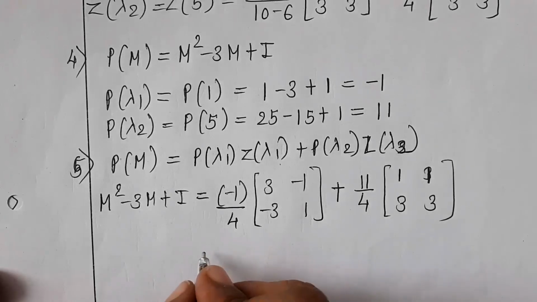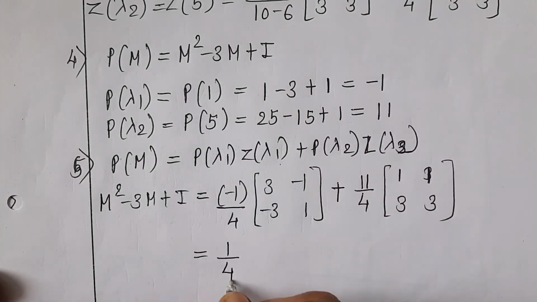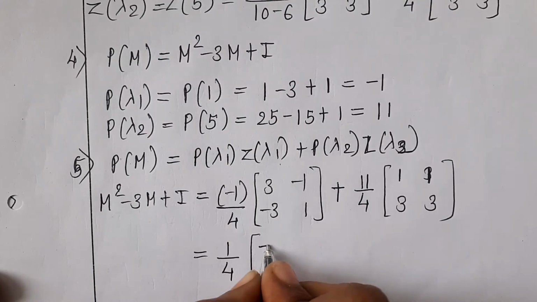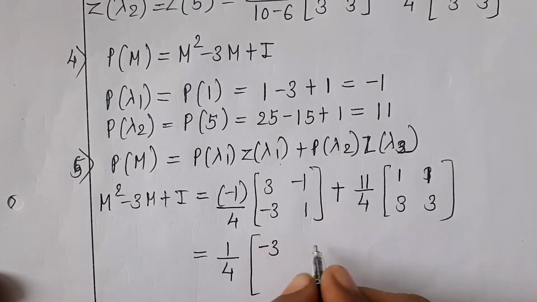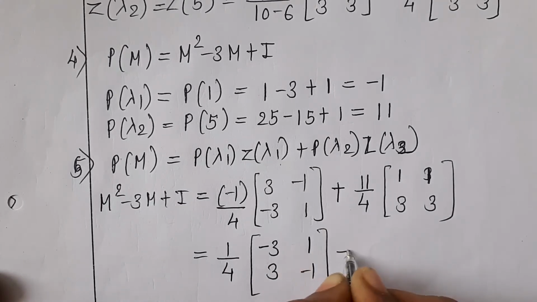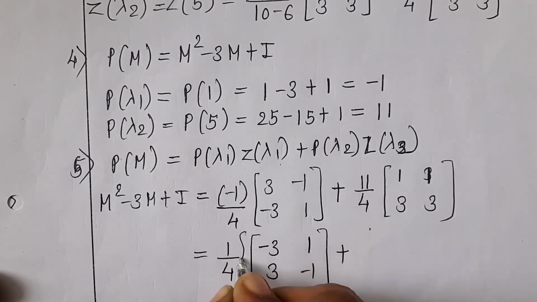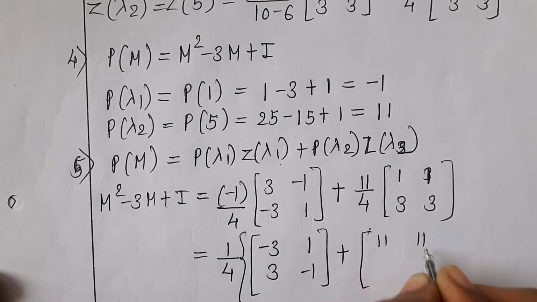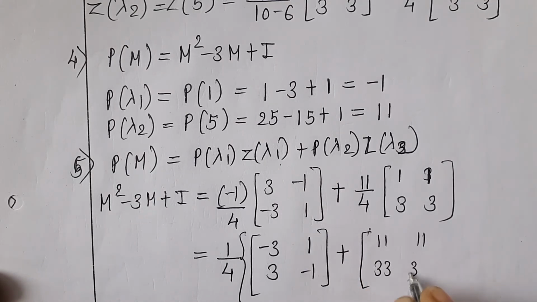So simplify it. 1 by 4 is a common term, we take it outside, and multiplying, we get minus 3 plus 11, then plus 1 plus 3 and minus 1 plus 11, that is 11, 11, then 33, 33.